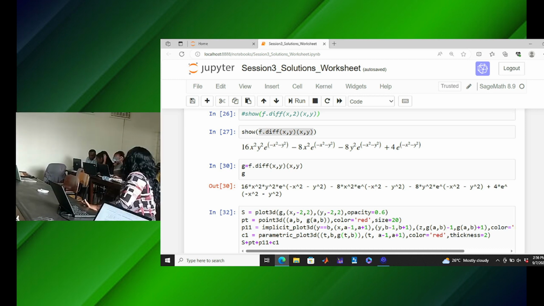But remember, this side is for opacity. Here in SageMath, there is no opacity.